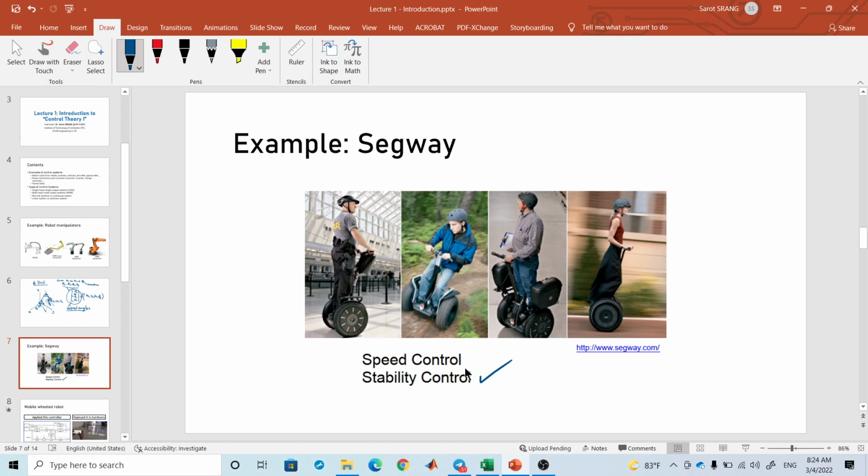Then you want to control the speed: when the user lowers the body a little bit or pushes the body to the front a little bit, it increases the speed, for example. So you need to control two objectives. First, make it stable, and second, control the speed. So this one has two outputs.